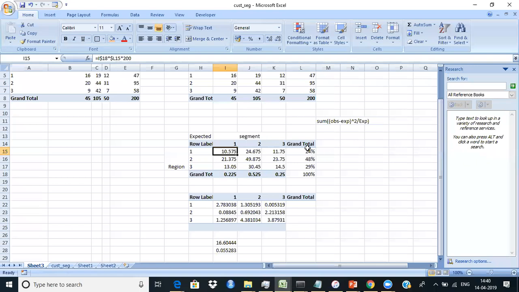So if you assume that region and segments are independent of one another, then what is the probability of getting a person from segment 1 and region 1? 0.24 into 22.5%. Yes. And then if this is the probability, how many people do you expect? Probability into number of observations, which is 200. Okay. That's how I got 10.575. And I basically repeated it for each and every cell. This is chi-square test statistic here.